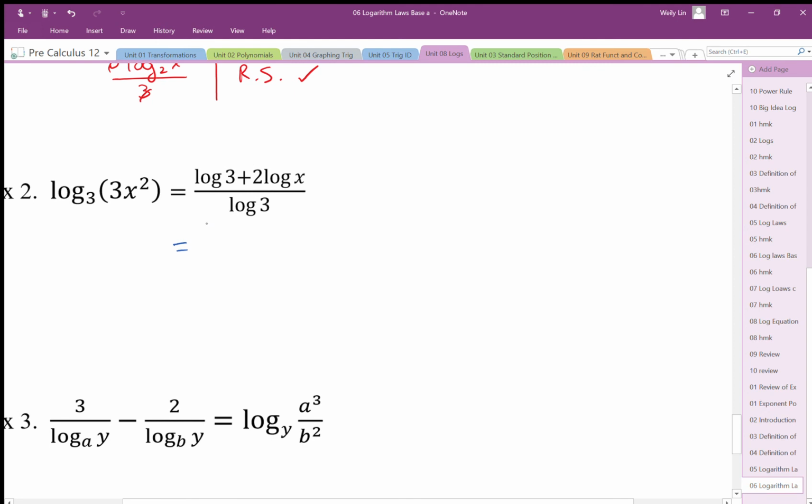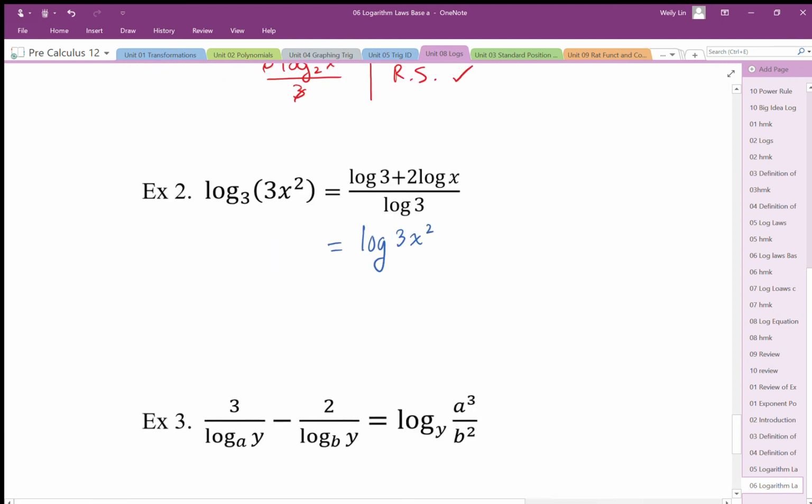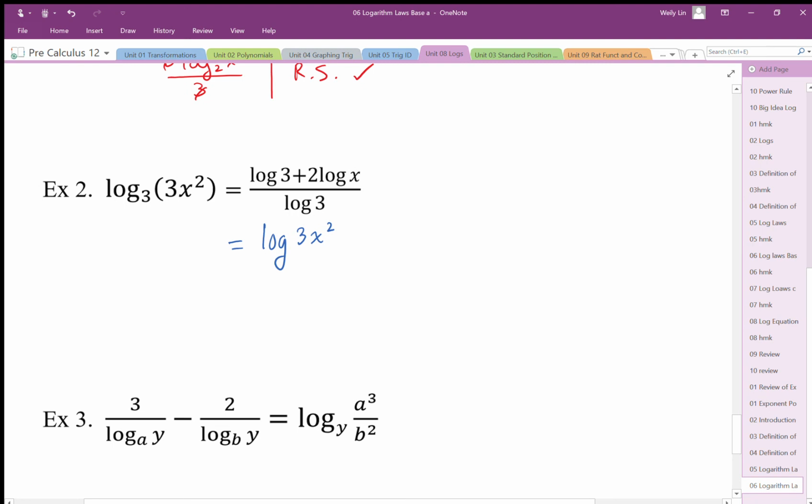So I'm going to use my log properties. This ends up being log, and the power goes on the x, and the plus becomes times. So you get log 3x squared. This is very useful here because now I have exactly what I wanted there. And I end up with log base 3 in the denominator.